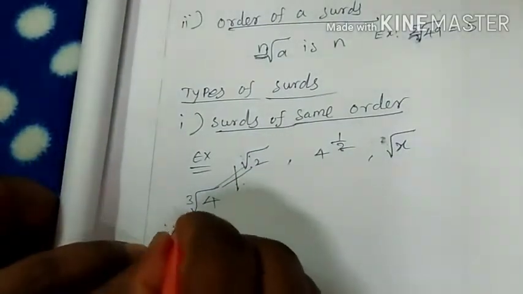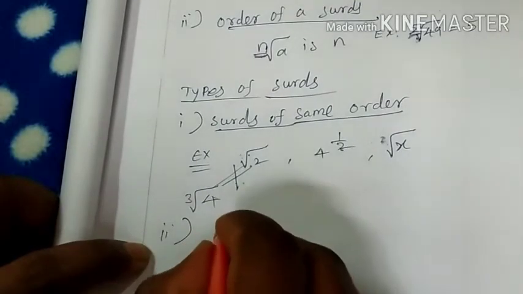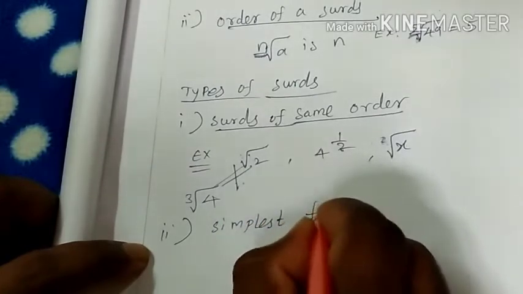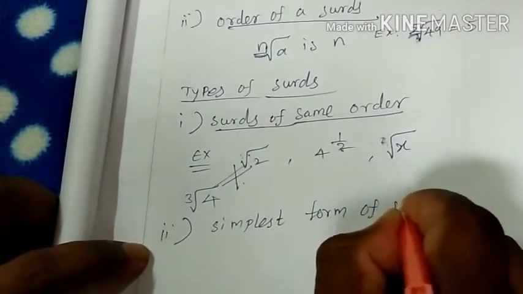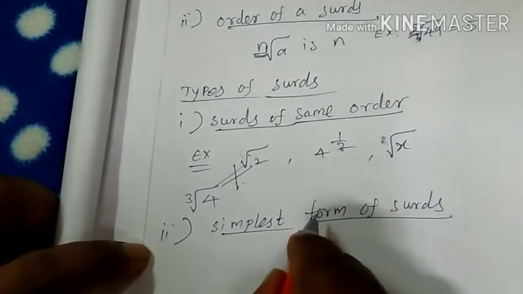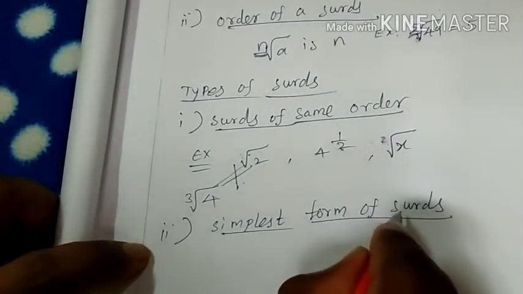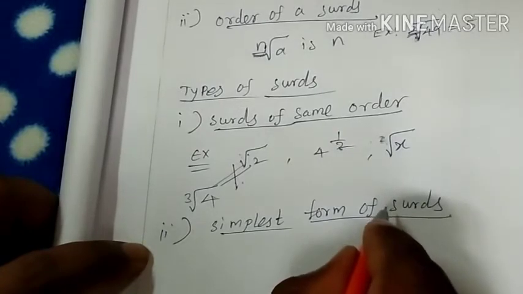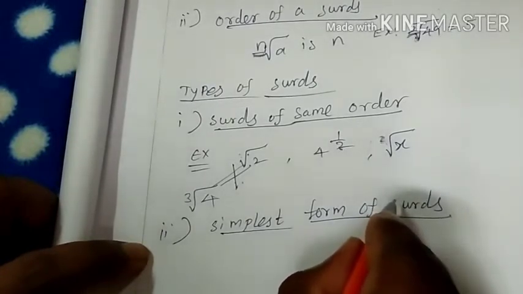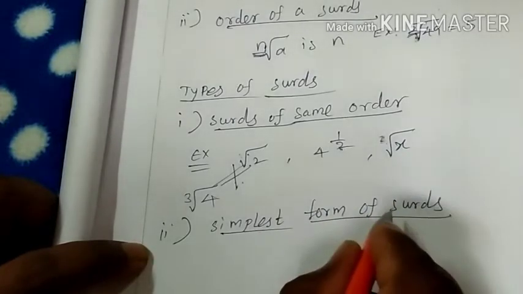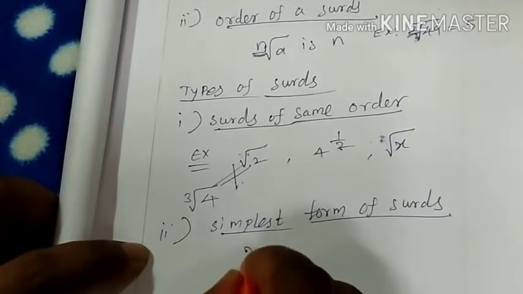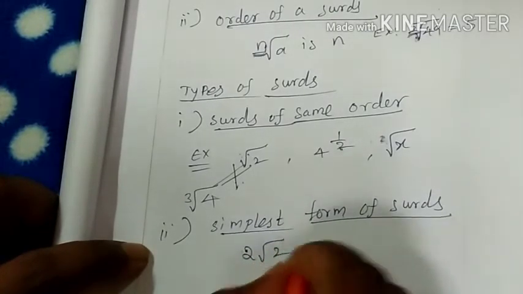Then the second one, simplest form of sets. What is the simplest form? A set is said to be in simplest form when it is expressed as the product of a rational number and an irrational number.